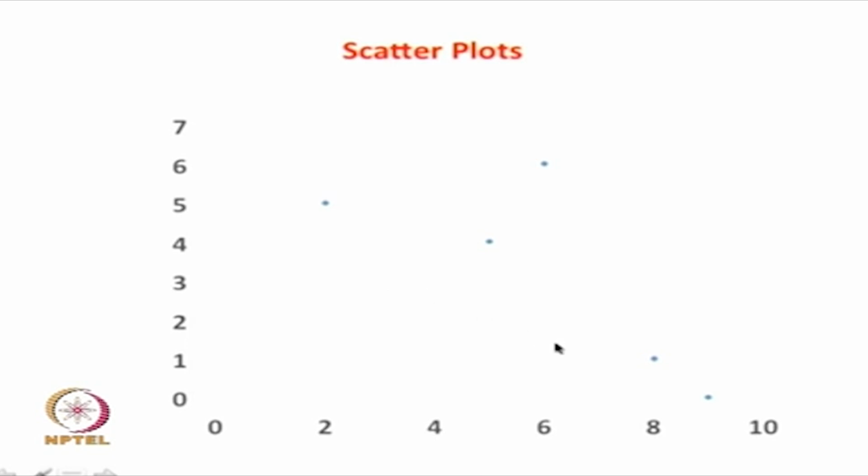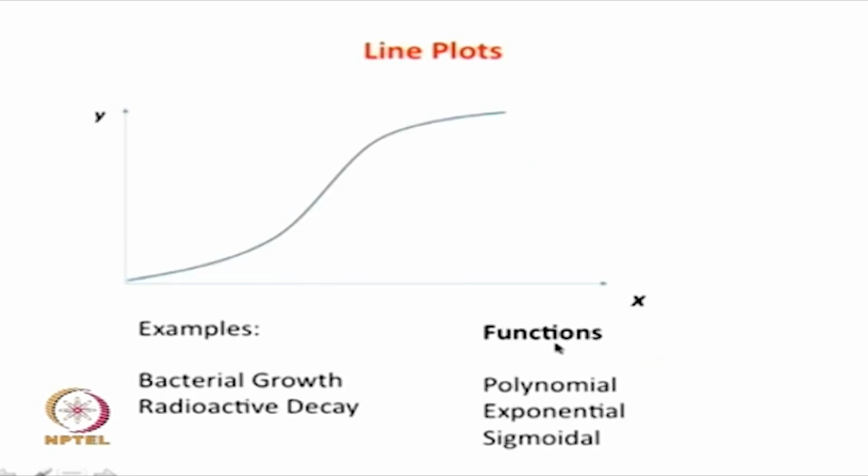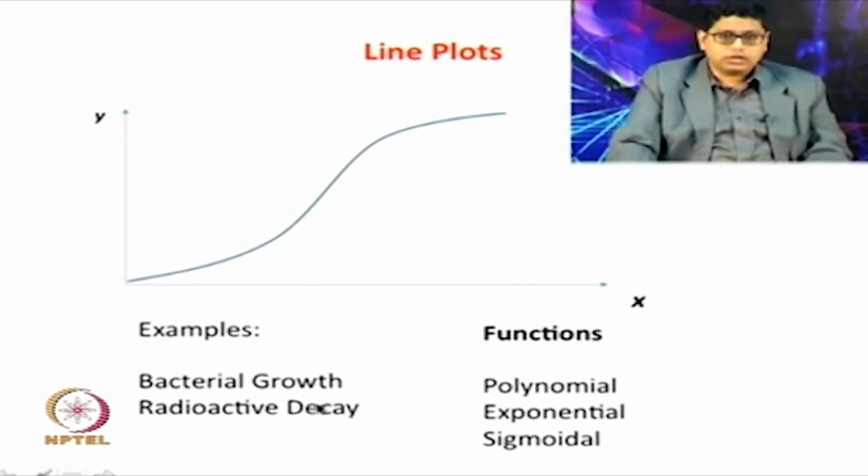Okay. But if you were to connect them, then you can generate what are typically called line plots. This is an example of a line plot where x and y I have plotted in a way which looks like an S. These are reminiscent of bacterial growth curves, but you can have various functions which describe these line plots.